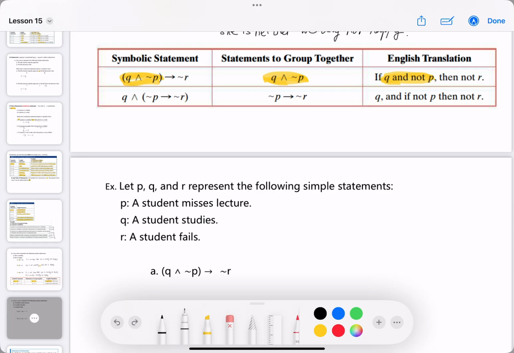Next example, you see the grouped part is in the parentheses, not P. If not P, then not R.